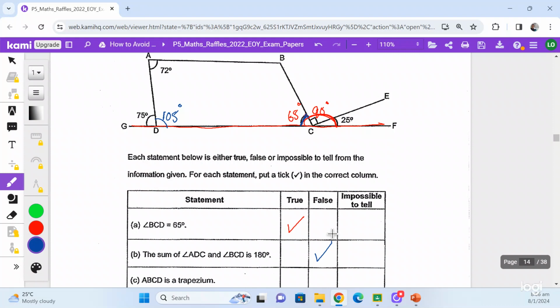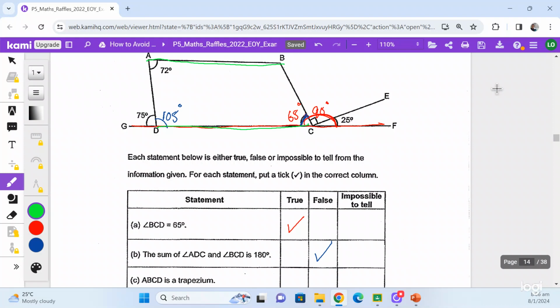Then when you come to part C, this is the part where many students start to make mistakes because they assume. ABCD is a trapezium. So they look at this ABCD, which is a 4-sided figure, and they see this green line and this green line. They look at the two lines and they think that they look parallel.